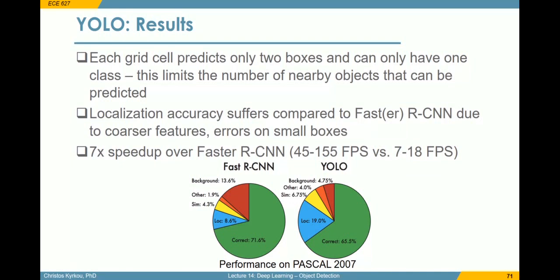This was mainly because it predicted only 2 bounding boxes at every grid cell, and this limited the number of nearby objects that it could predict. So most of these errors and the drop in accuracy happen because of bad localization.